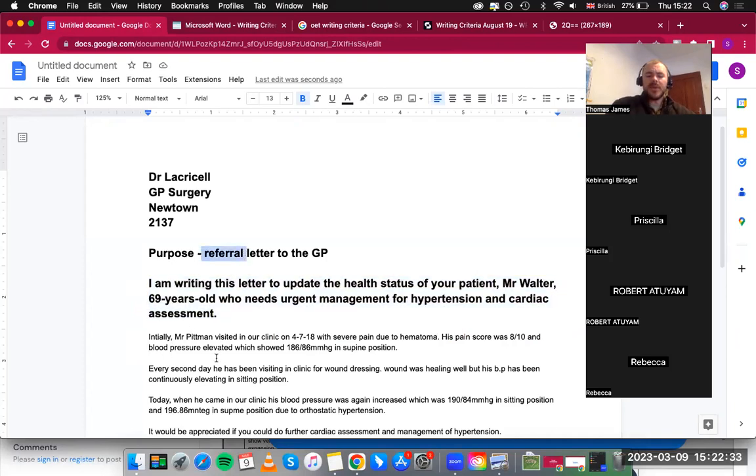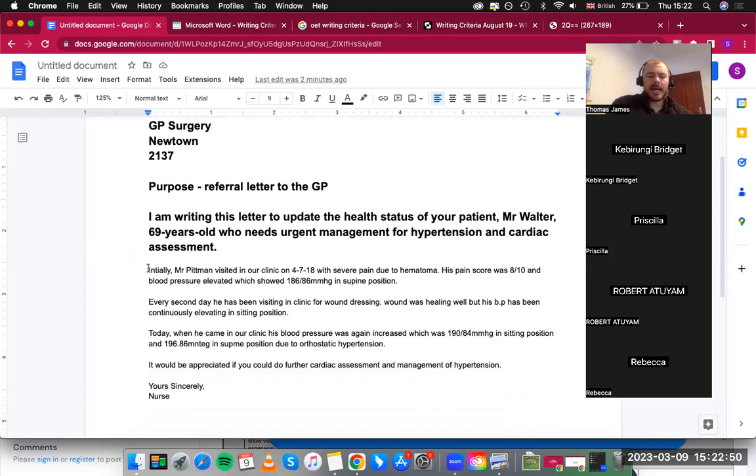And if it's a referral letter, then it'll have dates, because dates are very important when we're talking about referring somebody. The doctor has to make some sort of investigation. So looking at this as a format, it doesn't really look date-based.